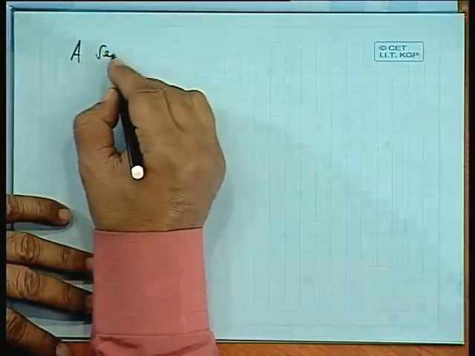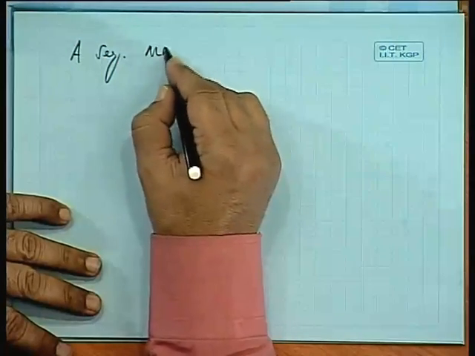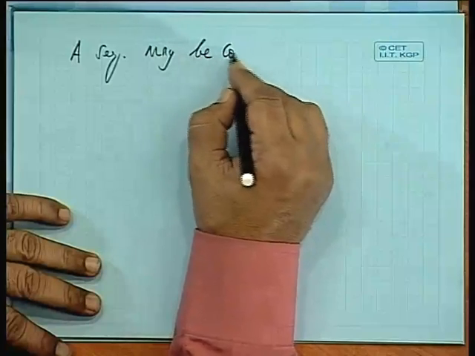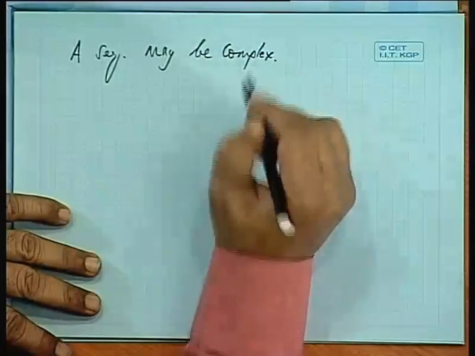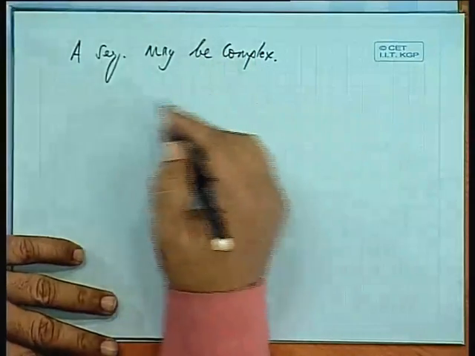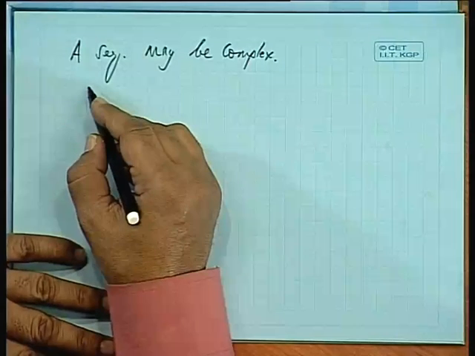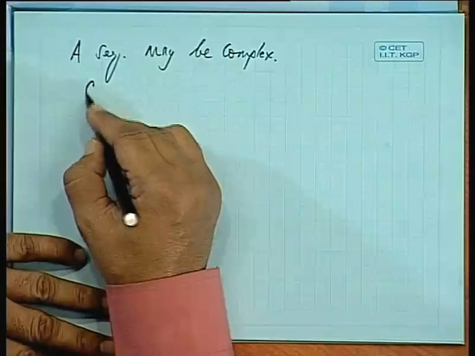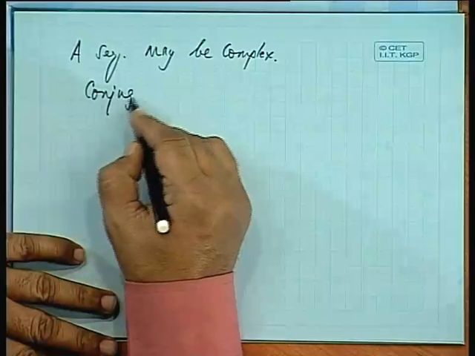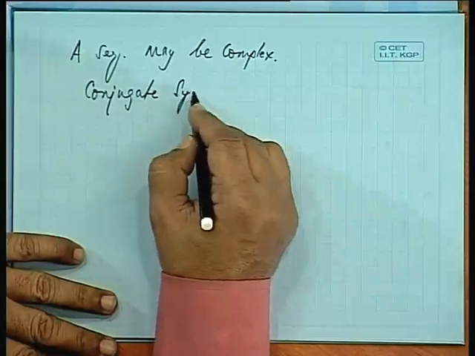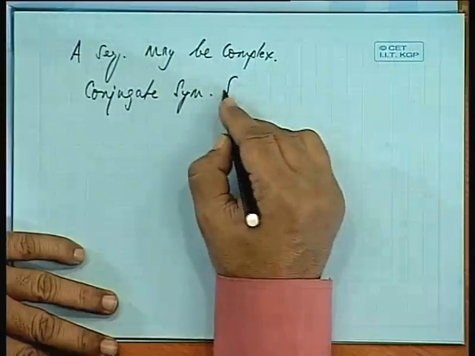Just some time back, in the last lecture, we had discussed even and odd functions. A sequence may be complex. If you have a complex sequence, then we define another kind of symmetry: conjugate symmetric sequences.